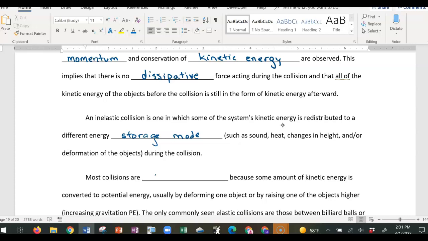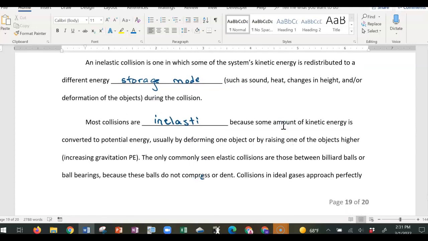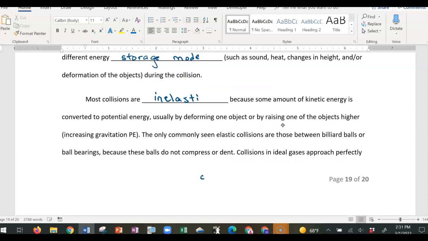Most collisions are inelastic because some amount of kinetic energy is converted to potential energy, usually by deforming one object or by raising one of the objects higher, therefore increasing gravitational potential energy. The only commonly seen elastic collisions are those between billiard balls or ball bearings because those balls do not compress or dent.